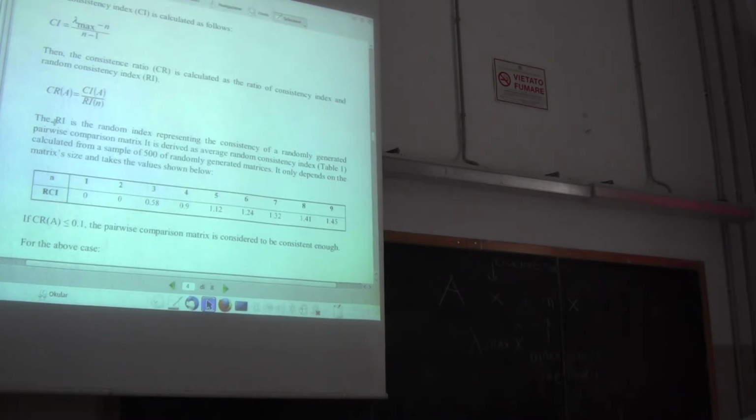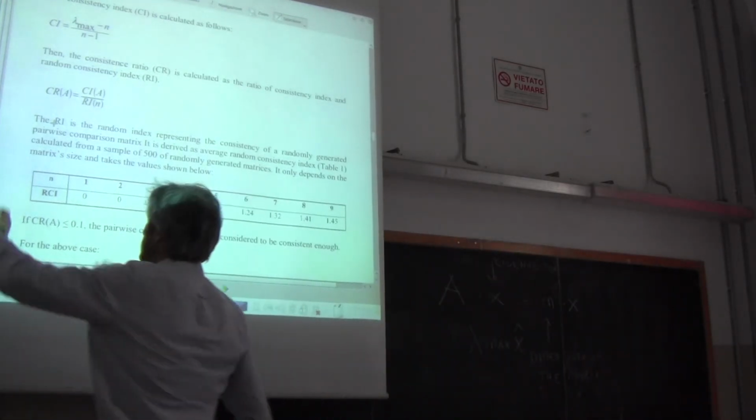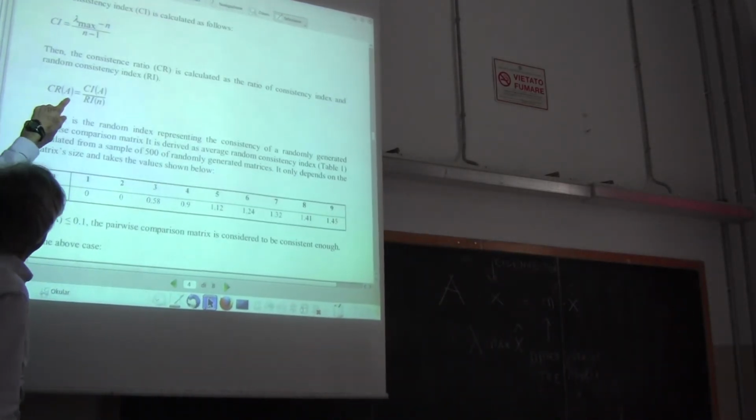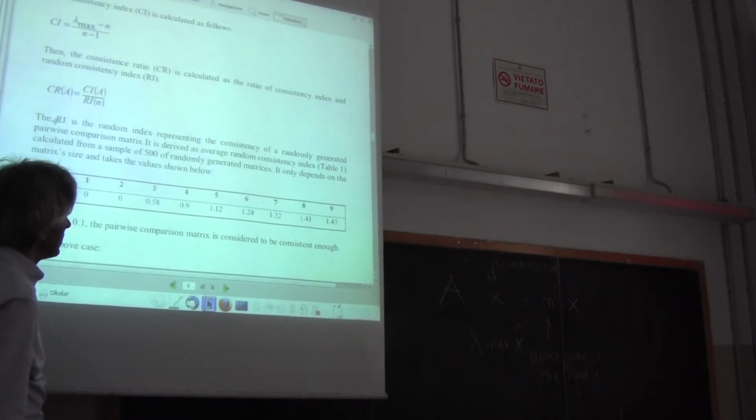And therefore, basically, you have this Ci, you have to make it dimensionless in order to have a reference that is more or less independent of the size of the matrix.